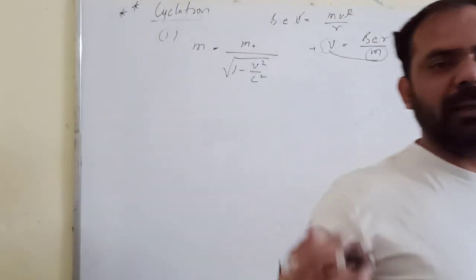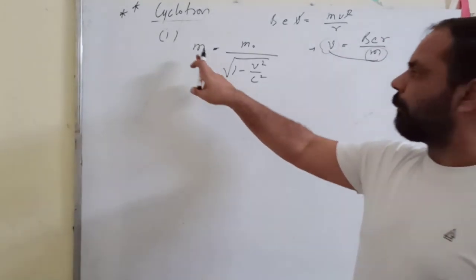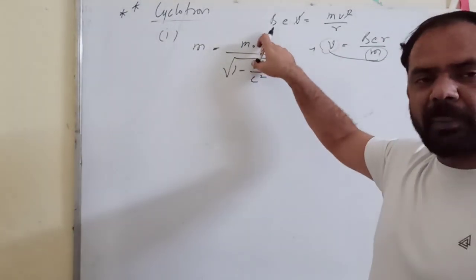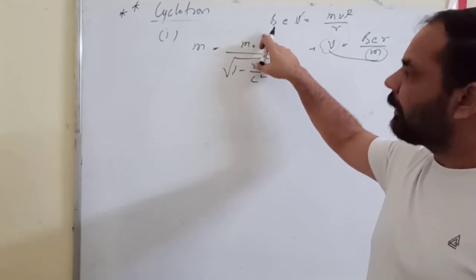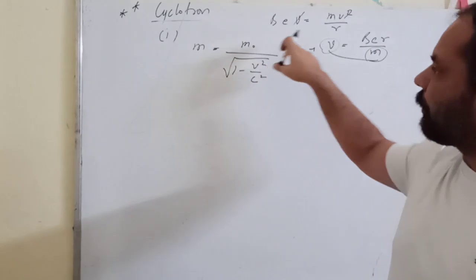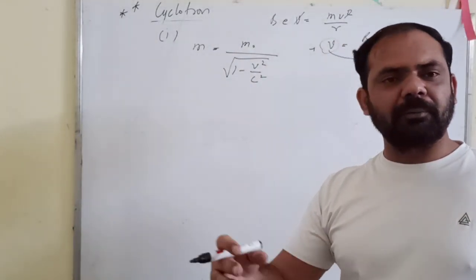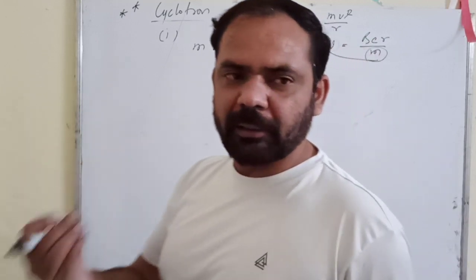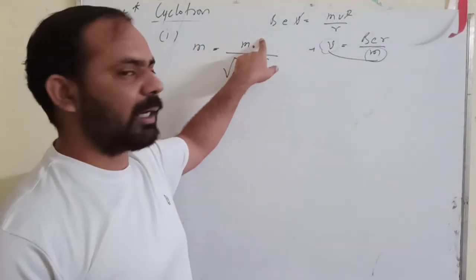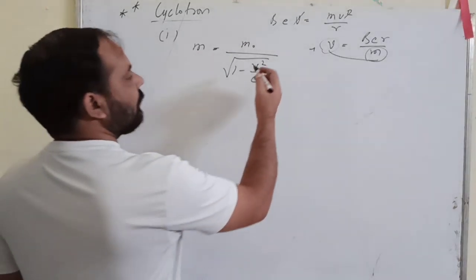It is in accordance with Einstein's theory of relativity that the mass of a particle moving with high velocity changes. It is different from the rest mass. So what will happen when the charged particle moves inside the cyclotron? It will gain so much high velocity that its mass will change. Now if the mass changes, what will happen? This velocity.